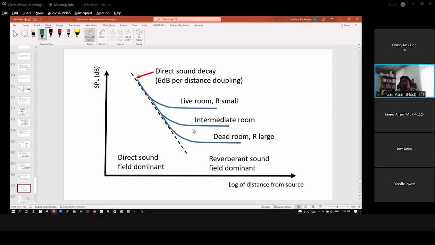If we have lots of reflection, we can reach up to a reverberant chamber level, or normally what we call a live room. There is a lot of reflection, and this reflection will increase the reverberant sound pressure level.